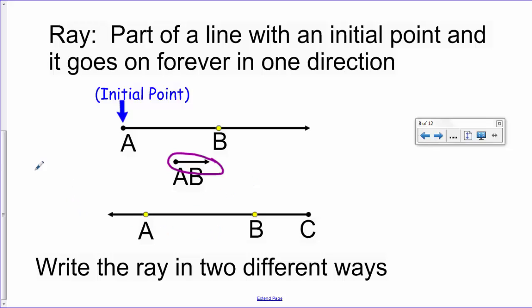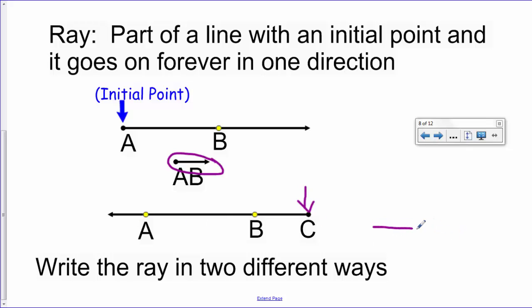The second example, we'll look at how to write the ray in two different ways. On the second example picture, we would have to start with our initial point, which is point C, and then we could use any of the other letters on the ray. Notice the direction the ray is drawing to the left.